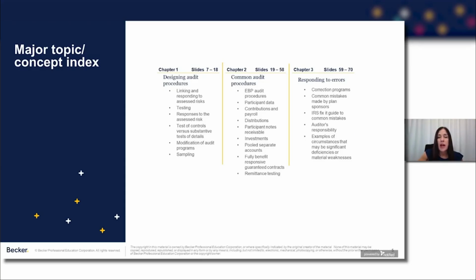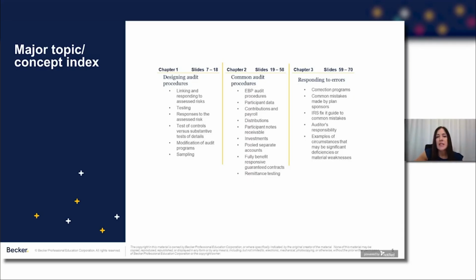And so we're going to talk about the procedures that you're going to design and perform, those different types of audit procedures in section 2 here, specifically related to employee benefit plans. And we'll talk about the best practices and some ideas to hopefully assist you in becoming more efficient and more effective.